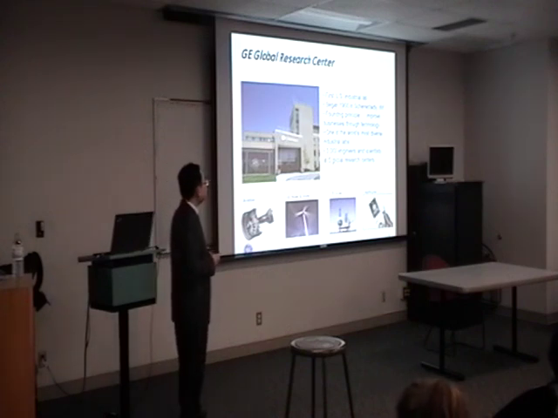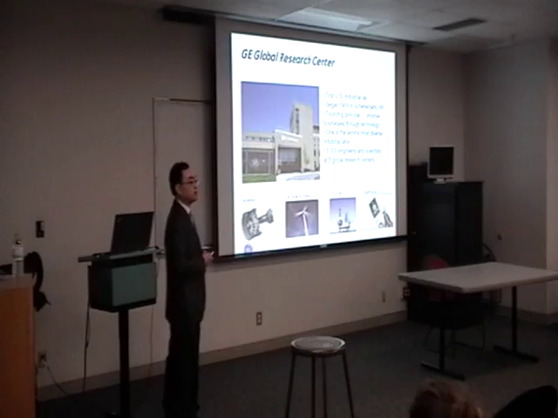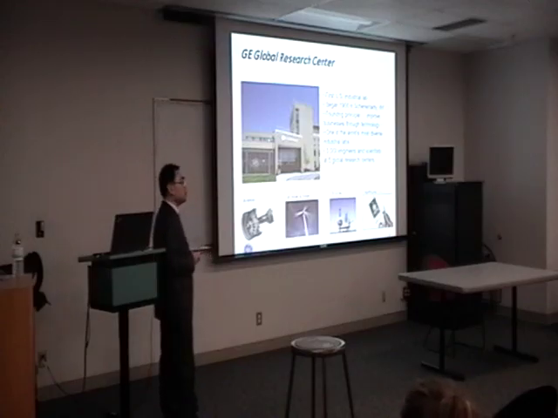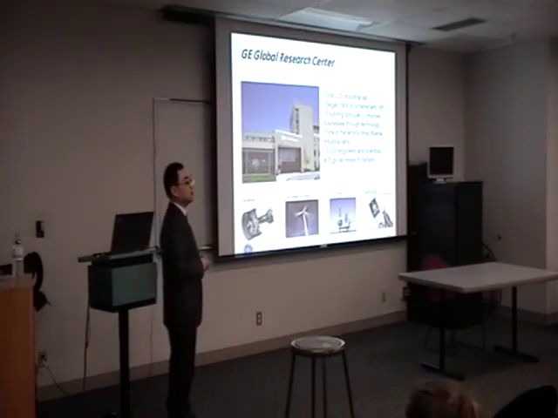Right now, more than 3,000 engineers and scientists are working at 5 global research centers. Most mechanical and aerospace engineers are working on many important projects like aviation aircraft engines, GE gas turbines, GE wind turbines, oil and gas turbomachinery, and healthcare.